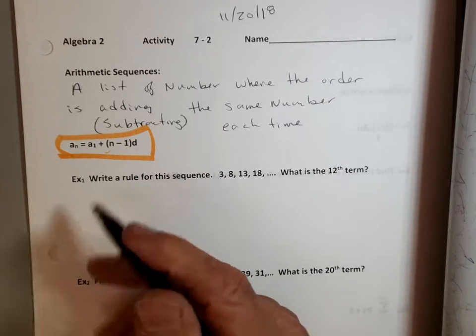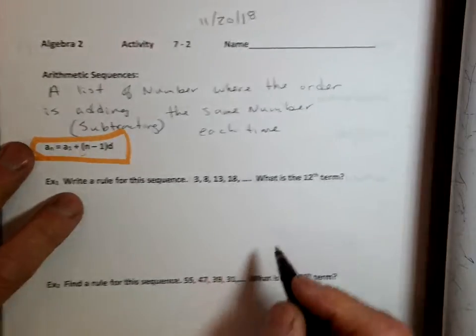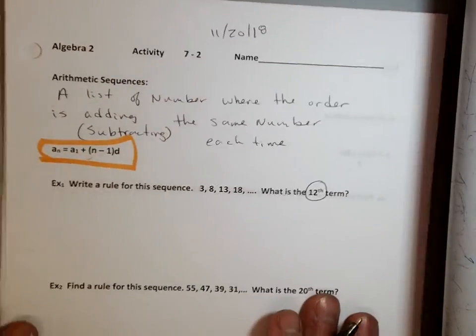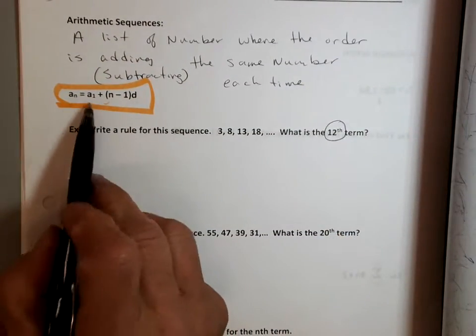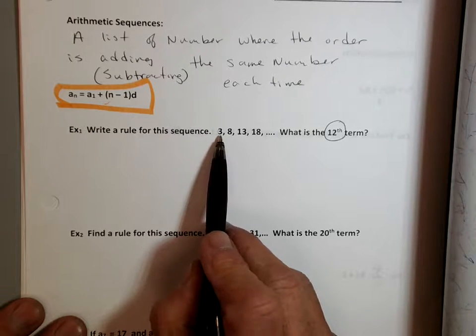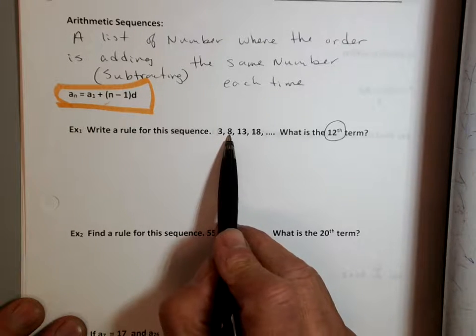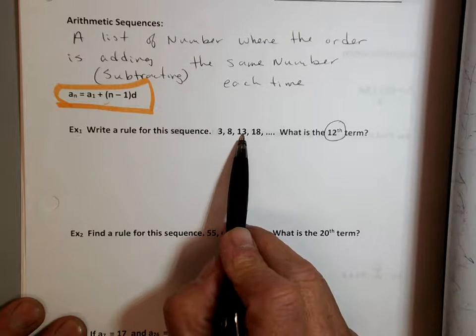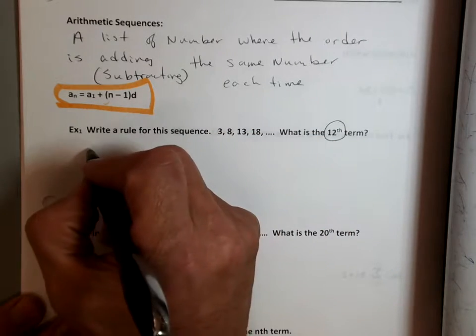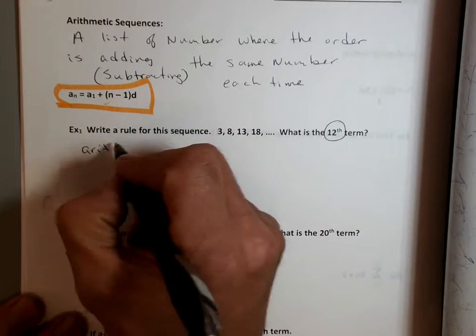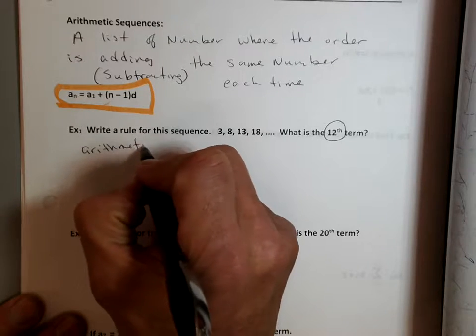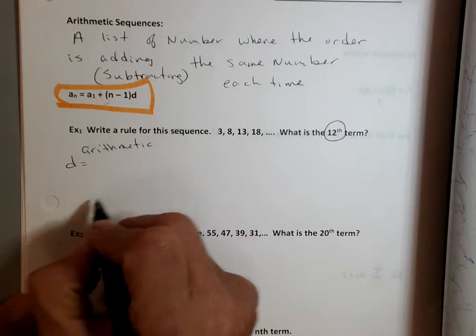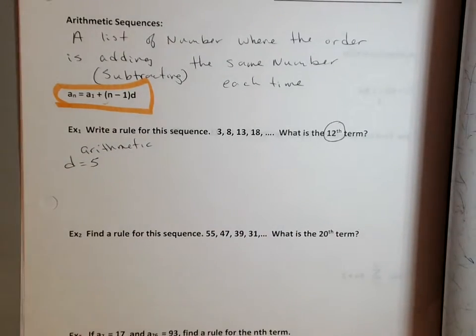So if we take a look at example 1, first, let's find the 12th term. Let's use our formula. I do notice it's up by 5, it's up by 5, it's up by 5. So it is arithmetic, and the difference is up by 5. So I can use my formula.